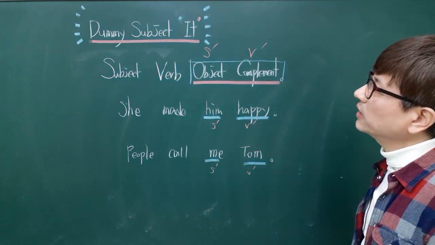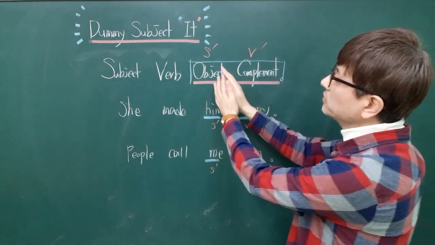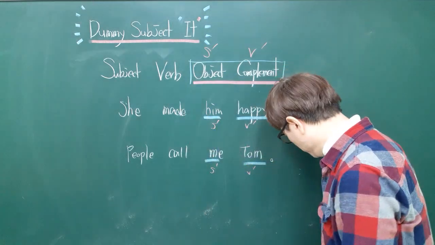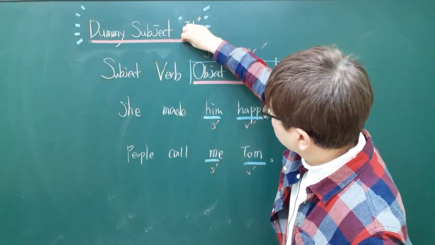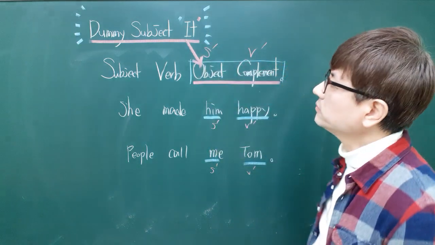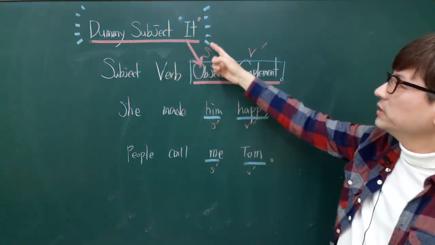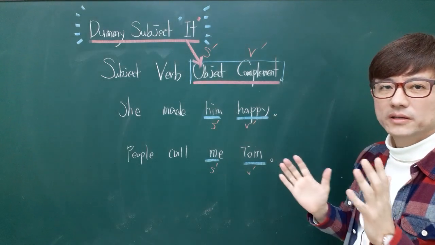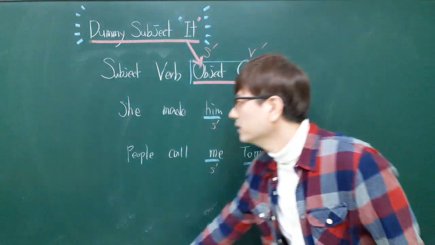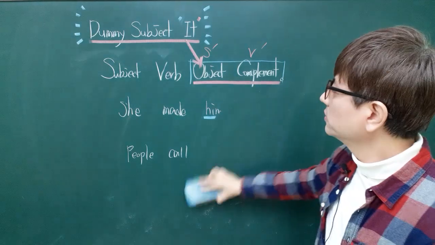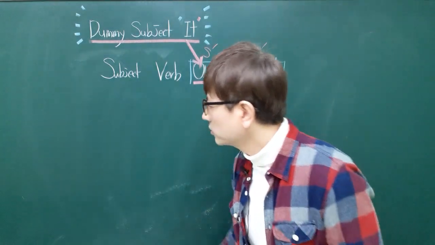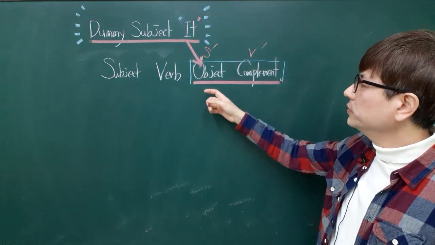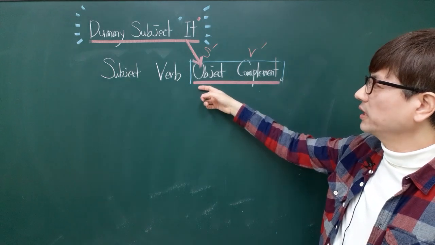So that is why when this object is long, you can use dummy subject it. Do you know what I mean? Are you following me? Then let's find out what part of speech we can put in the place of the object.